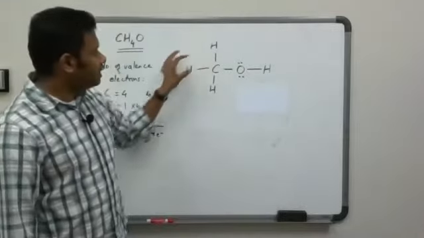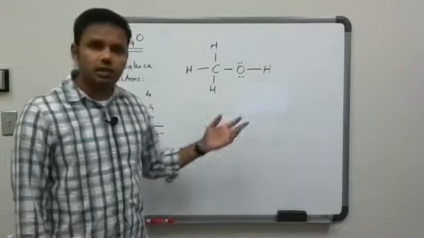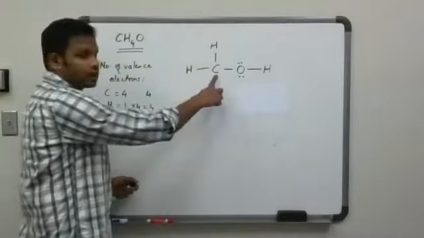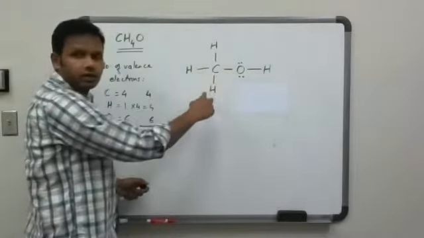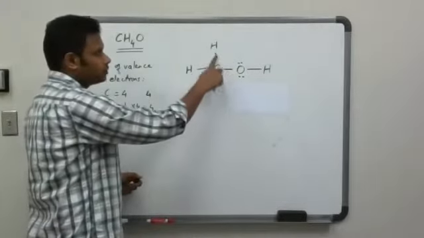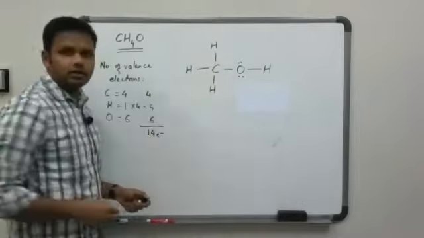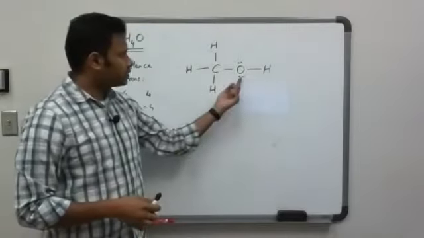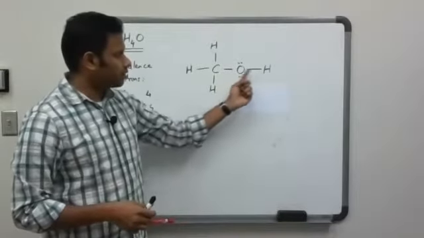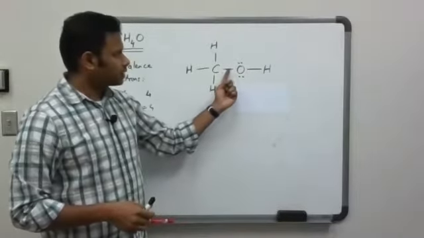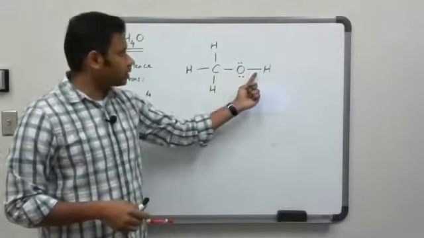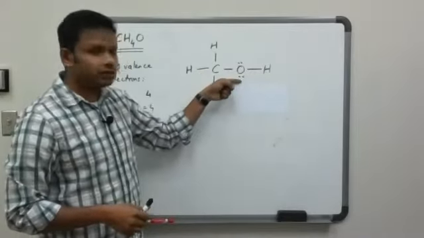That means the octet is met for each hydrogen atom. Carbon has 4 bonds around it. So 2 electrons, 2 electrons, 2 electrons, and 2 electrons, total of 8 electrons, the octet is met. Oxygen has 2 bonds around it, 2 electrons plus 2 electrons, 4 electrons, plus 2, 6, plus 2, 8 electrons.